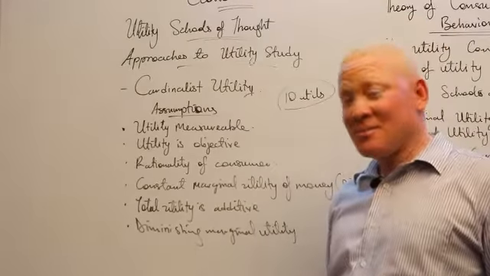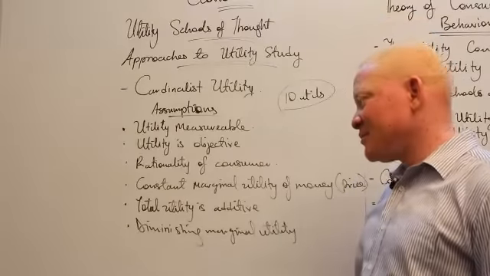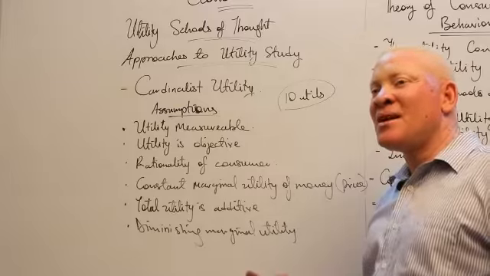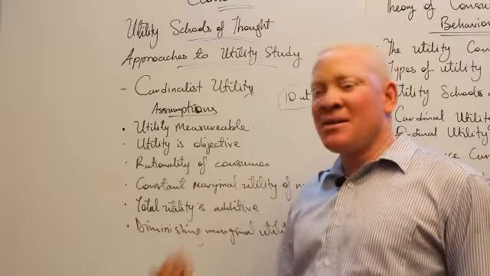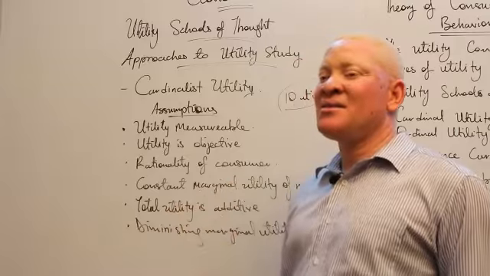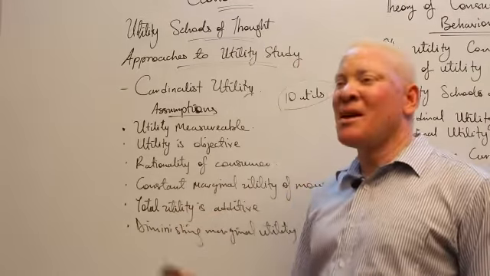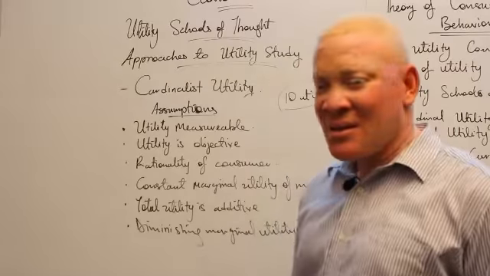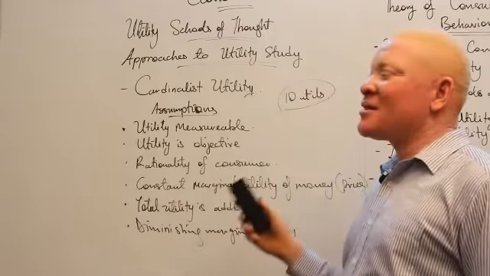That's an assumption. The next one is rationality of the consumer. The rationality means that the consumer makes the right decision, tries to make sure that whatever he's planning to spend on is not the least important item, but among, if not the most, the most important items.